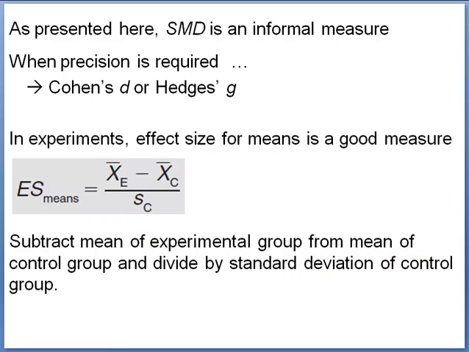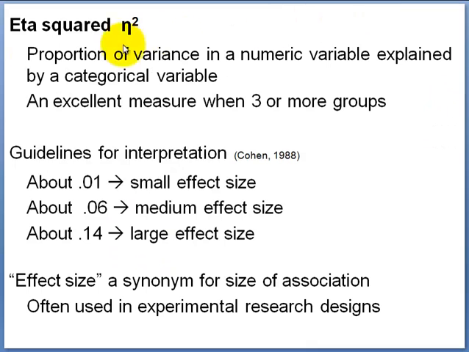If there are two groups, the control group is the group that does not get the intervention, whereas the experimental group is the group that does get the intervention. I won't present a calculation example here, but again, the key thing is to divide by the standard deviation in the control group.